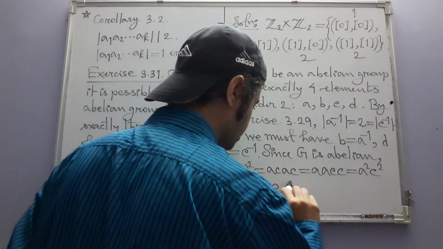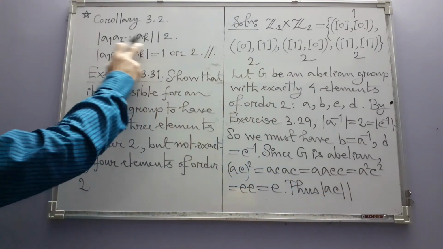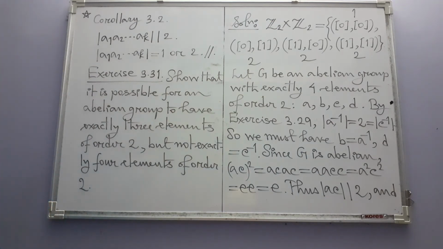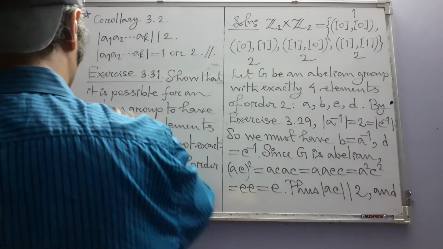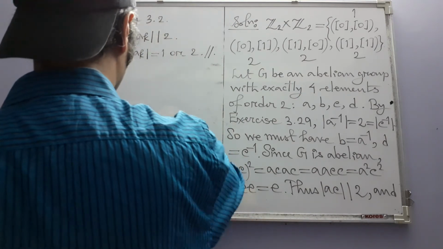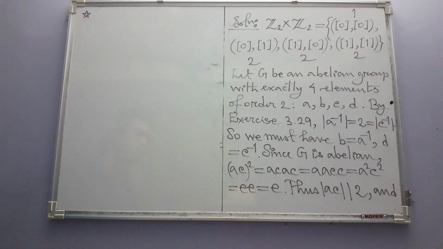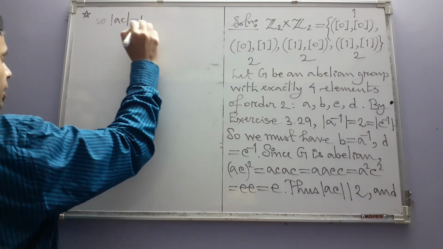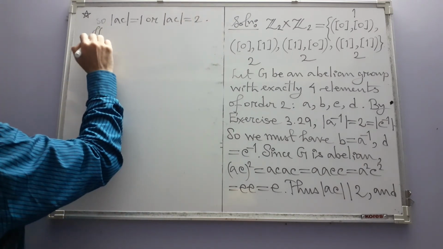So AC square is identity, thus the order of AC, again just like this one, divides 2, and so this is either 1 or it is 2.